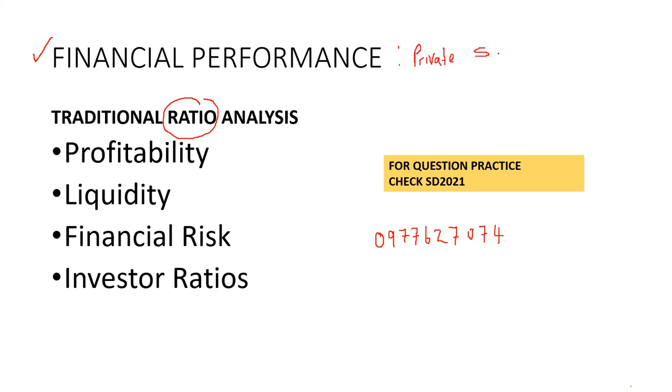So these are private sector organizations. And traditionally, we appraise financial performance using ratios. So the starting point in your revision, you can actually start from this area.